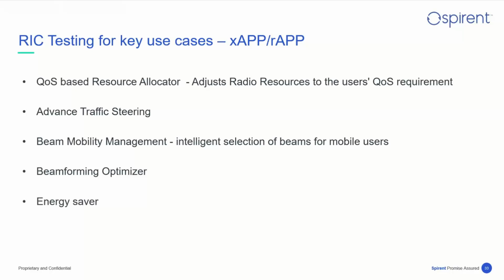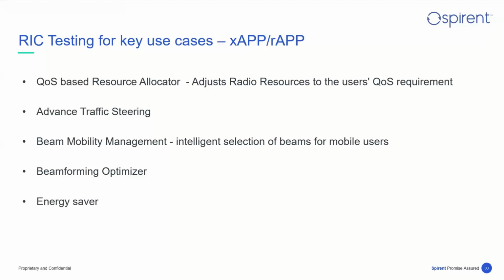Then, because we are using massive MIMO, there is a requirement to address beamforming related scenarios, right? There is beamforming, beam tracking, beam switching. So if the user is moving, the beam should move along with the user. After a certain extent, if it is moving away from the cell, then the switching should happen properly, right?